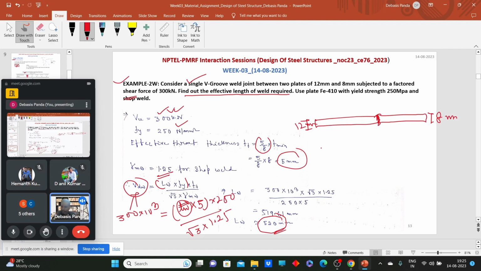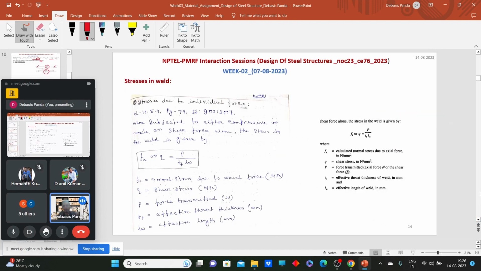Obviously the strength will increase, so the requirement of effective length will decrease, and we can provide it. If not, we will go for another kind of weld that we call a slot weld. We will come to the slot welds later. Okay, so this is how we can calculate the strength of a fillet weld and the strength of a butt weld.